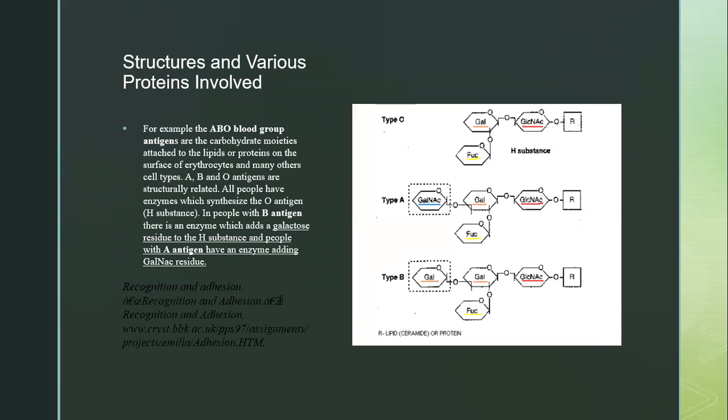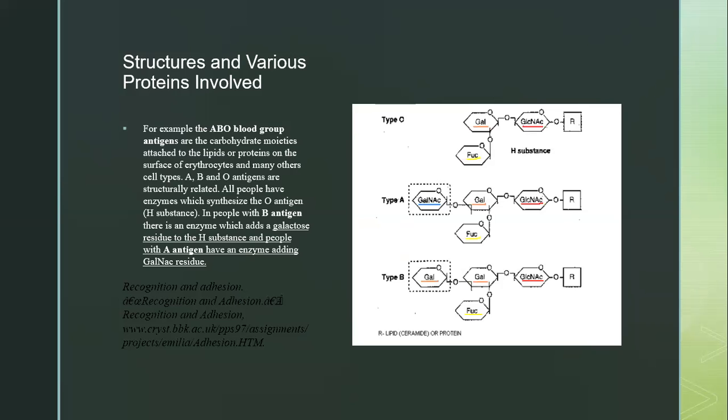Now let's talk about the structures and the various proteins involved. As we can see in the picture on the right, it describes, for example, the ABO blood group. Antigens are the carbohydrate moieties attached to the lipids or proteins on the surface of the erythrocytes and many other cell types.